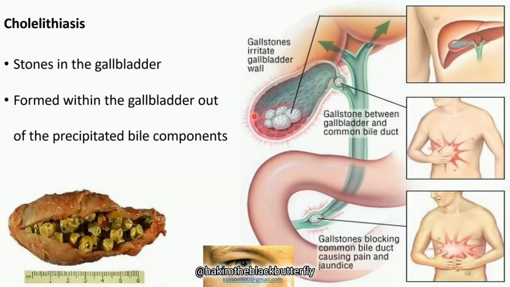And I told you that will widen the common bile duct. And of course, there may be no serious complications of this because there is no blockage of bile anywhere. We are just losing the gallbladder, we are just losing the cystic duct. Bile is still flowing in a normal way towards the duodenum.